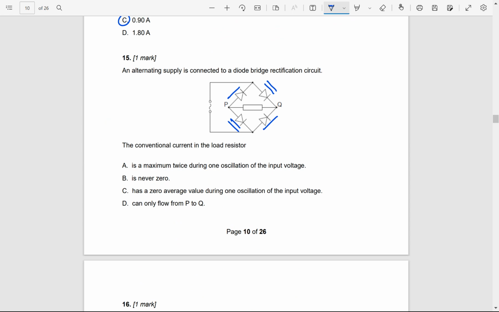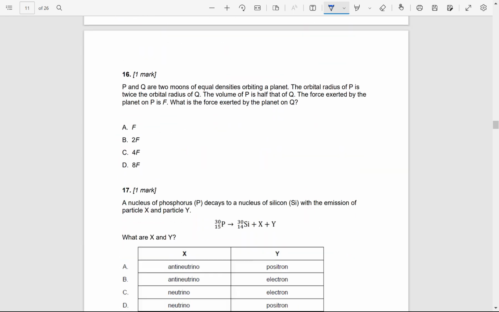So it goes in 2 half cycles. So actually what you get is a maximum twice in one oscillation. So you get once, twice in one oscillation, once, twice in one oscillation, a bit like that. So actually it's A. I don't need to go any further.